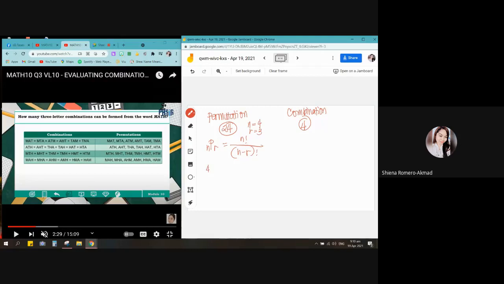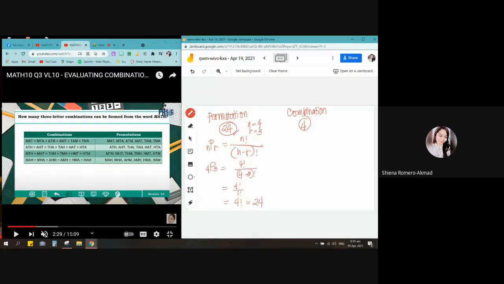So that's permutation of 4 taken 3 at a time: 4 factorial divided by 4 minus 3 factorial. So this will give us 4 factorial divided by 1 factorial, which is 4 factorial or 24.